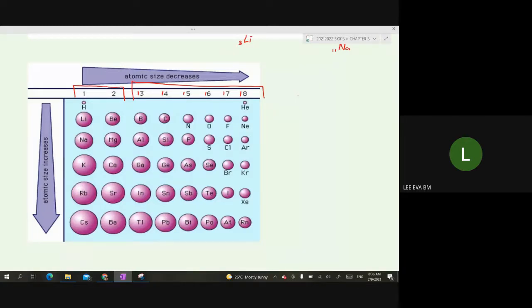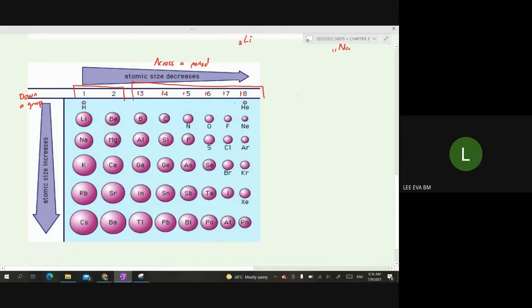So if you look over here, atomic size across a period, from left to right, the atomic size decreases, from lithium until neon, from sodium to argon, potassium to krypton, and so on. But when you're going down a group, any of the groups, you can see, going down group 1, hydrogen until rubidium, cesium, the atomic size increases.